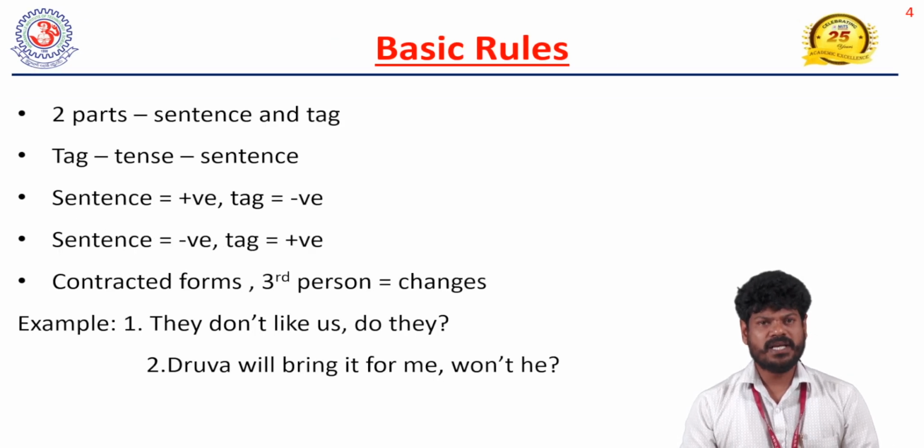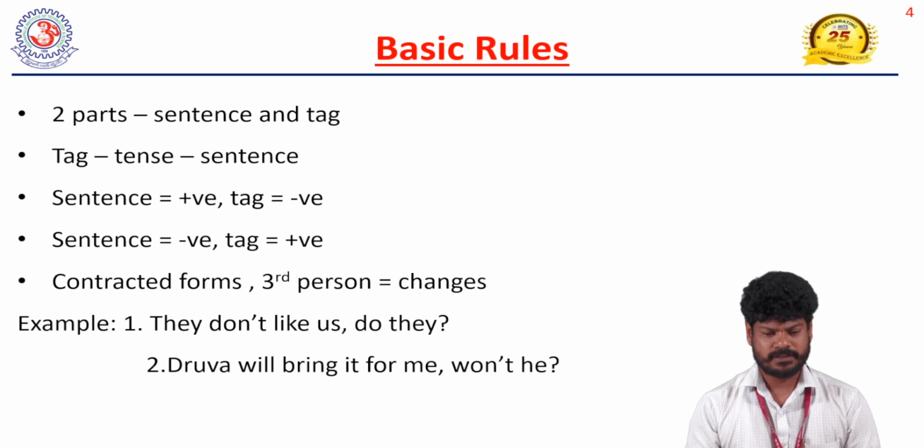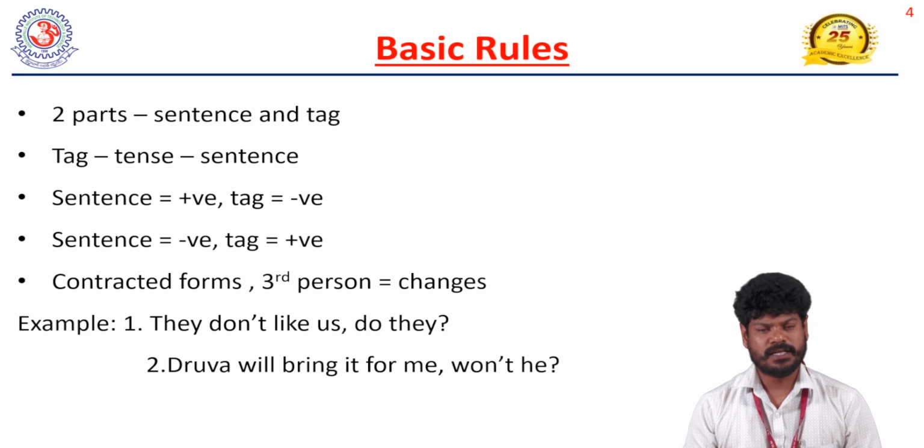If we go into the basic rules of question tags, there are two parts, and one is sentence and the other is tag. The question tag of the sentence always depends upon the tense of the sentence.